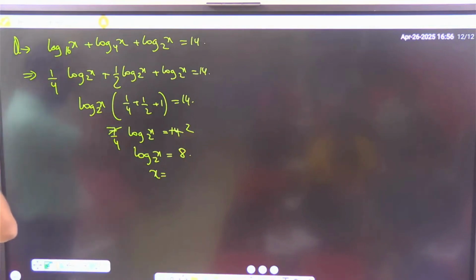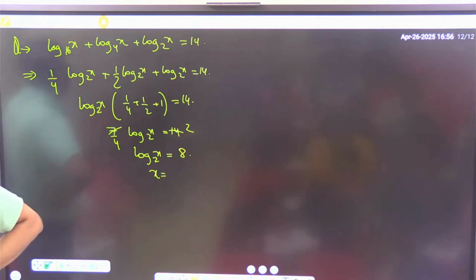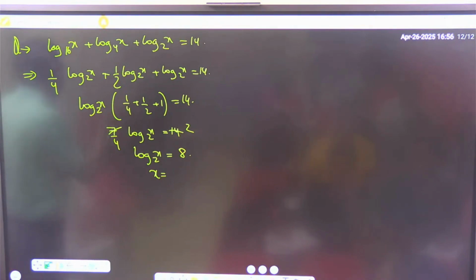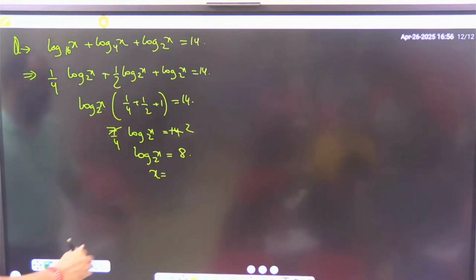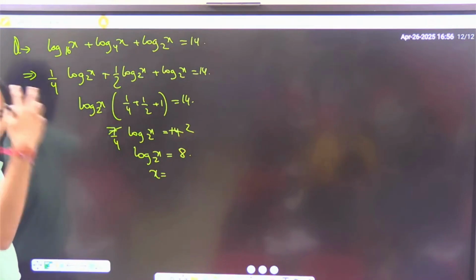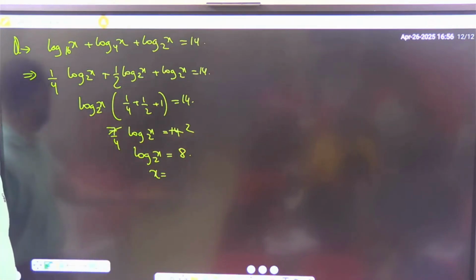Right, what's the definition of log? What were we discussing throughout the log?